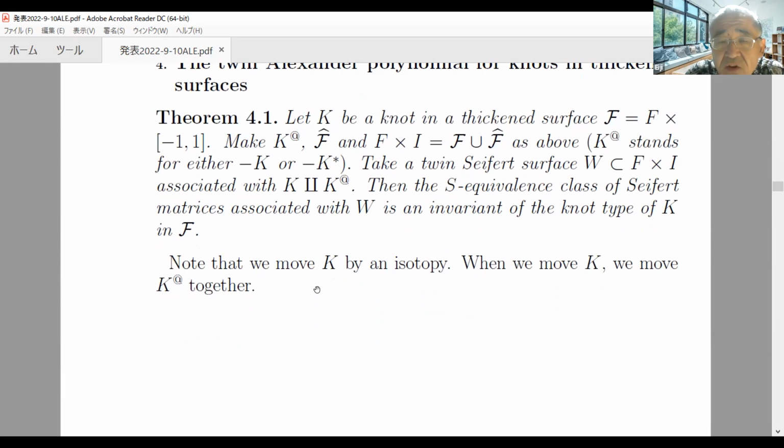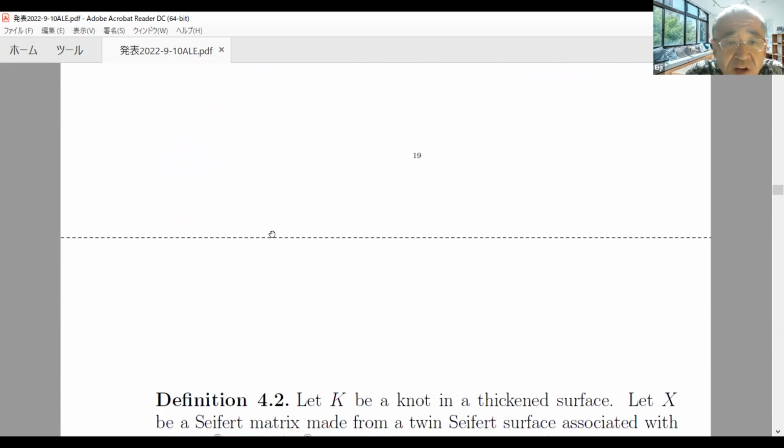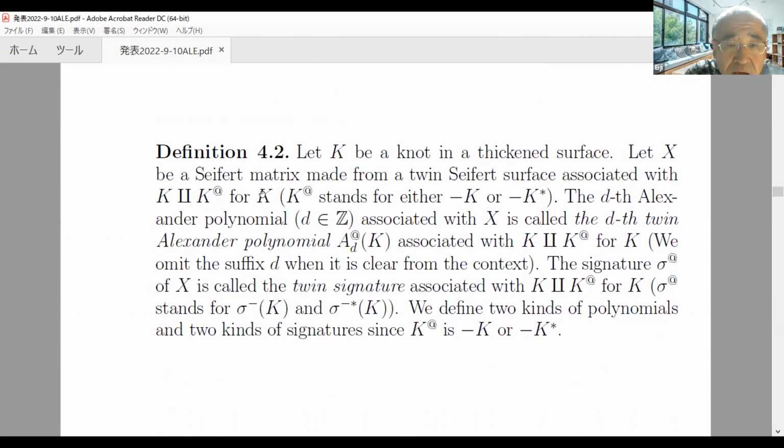So we define Seifert surface, twin Seifert surface, and define Seifert matrix, twin Seifert matrix. For twin Seifert surfaces, Seifert matrices are invariant. By using the twin Seifert matrix, we define the twin polynomial as in the classical case.